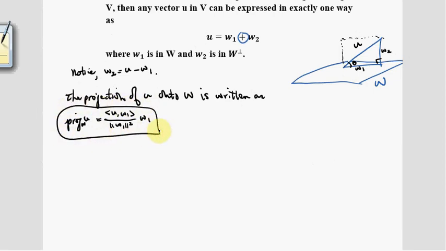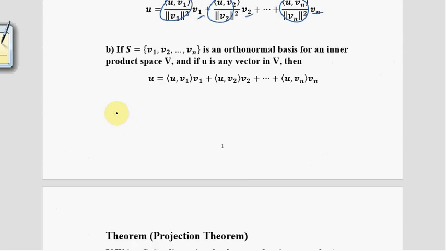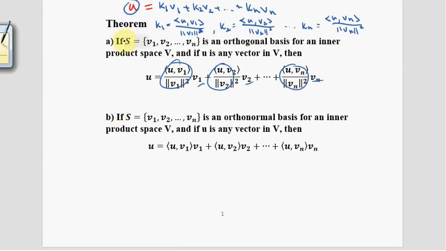Have you seen that before? If you've had calculus 2, you saw it in calculus 2. Well, now understand that this information is really what this theorem up here is trying to say in terms of what U is equal to.